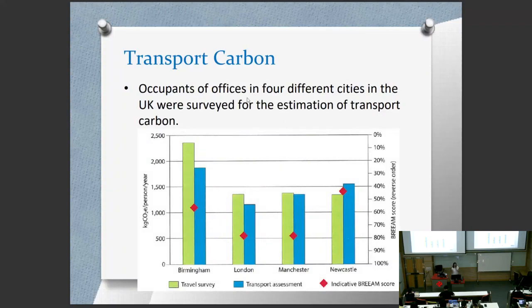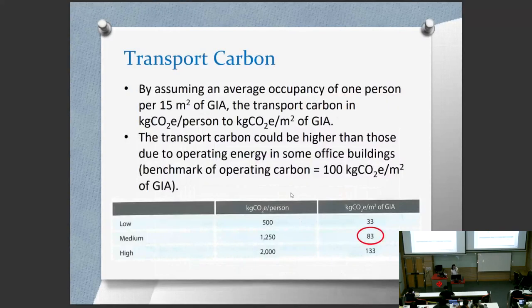Occupants of offices in 4 different cities in the UK were surveyed for the estimation of transport carbon. So the author wants to estimate the transport carbon for different types of buildings. And these are some findings, with different values for different regions.